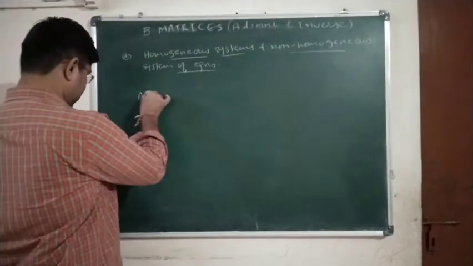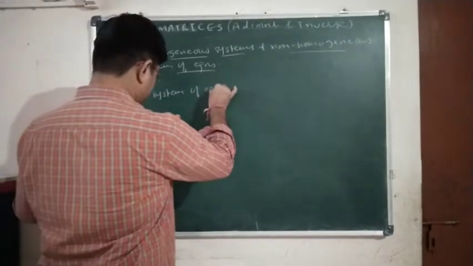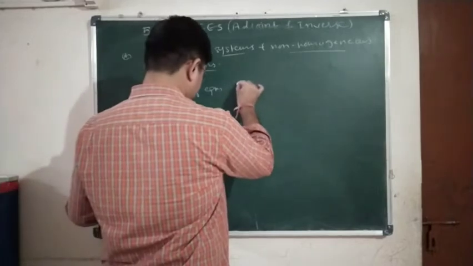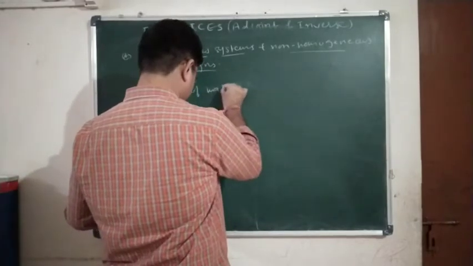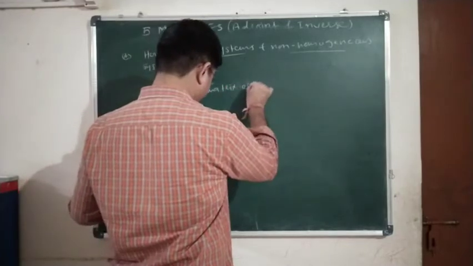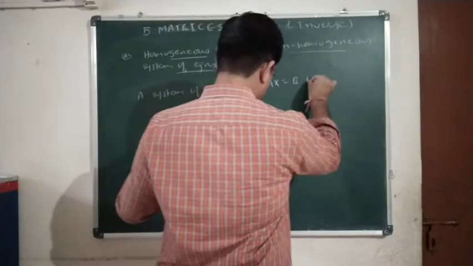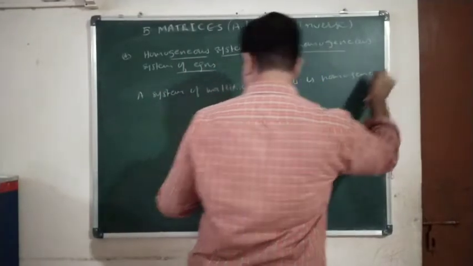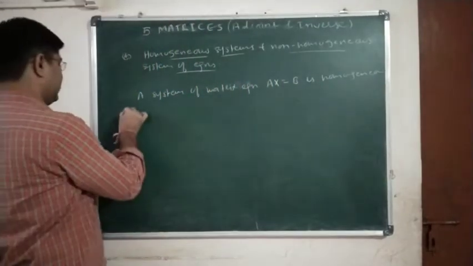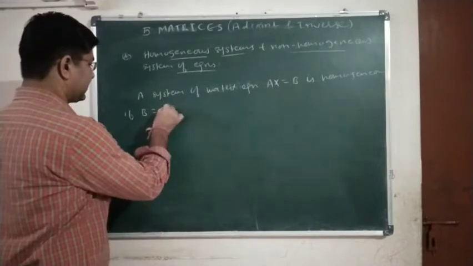A system of matrix equations Ax is equal to B is homogeneous if B, that is the matrix on the right hand side, is a null matrix.